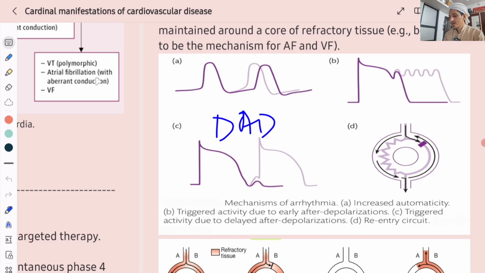So in afterdepolarization there is some trigger due to which there is arrhythmia, and when the trigger stimulates the cardiac muscles to a threshold, it will generate an arrhythmia. Re-entry circuit is the most common. See here, this is a fast pathway, this is a slow pathway, and there is a blockade here.